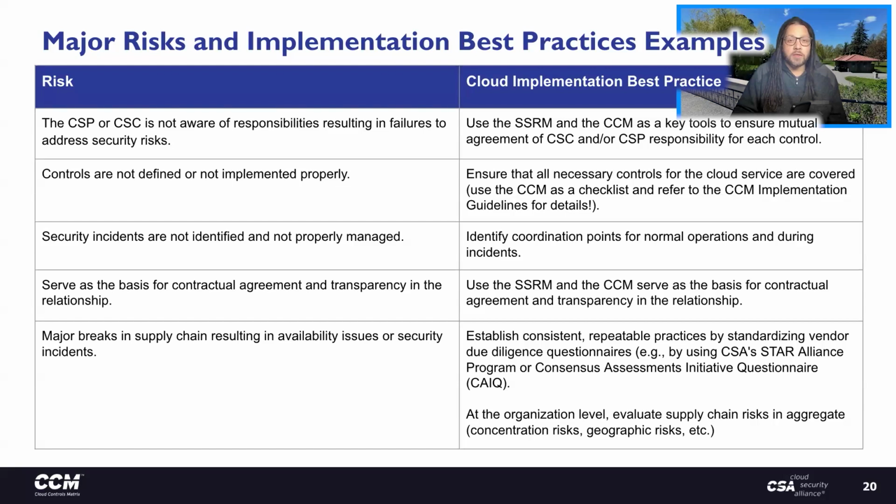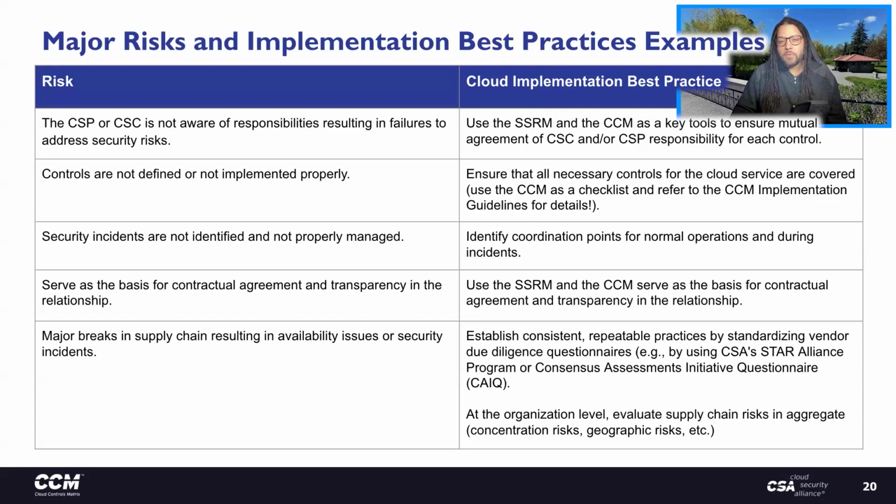And then ultimately, there's a risk that a big break in the supply chain can lead not just to a security incident, but an availability incident. We've seen massive availability outages because of components in the supply chain.